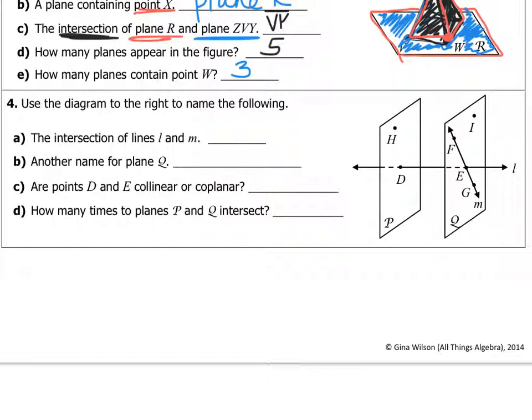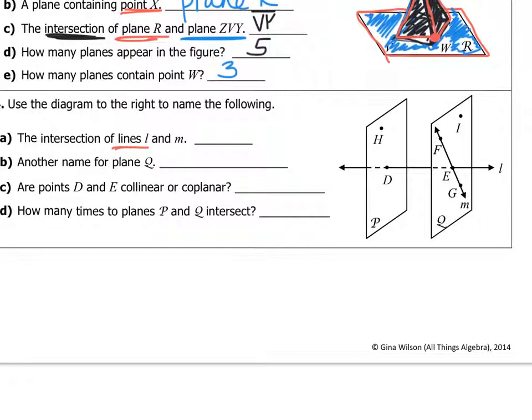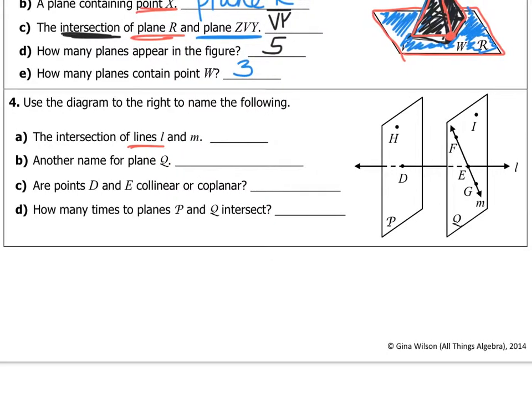Last example, we're going to use a diagram to the right to name the following. A, the intersection of lines L and M. So if I look for line L, I see line L is located right over here.